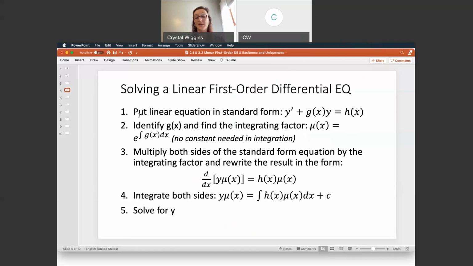So this is another method. If your differential equation can be separated by x's and y's, then the separable differential equation method would definitely be our go-to. It would be the easiest. But when we're looking at a differential equation that we are identifying as a linear first order and not necessarily separable, we will follow this method.